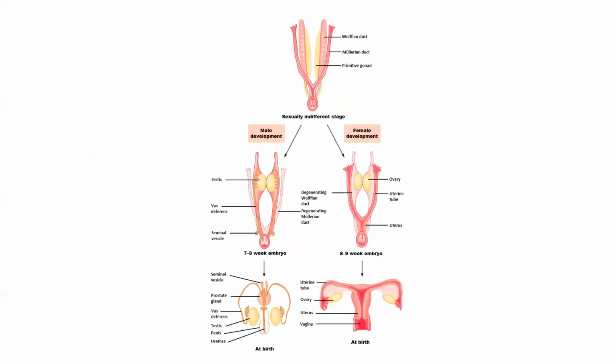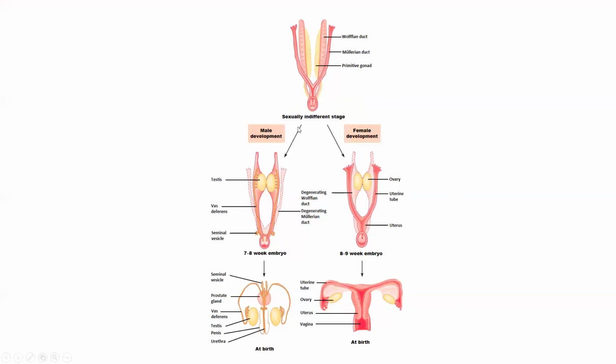Okay. So let's talk about the 2-week process initially. This is that 2-week area of what I call the ambiguous development. We have both the Wolffian duct and the Mullerian duct. We have the primitive gonads. Now the primitive gonads can either become the testes or they can become the ovaries. So here we cannot really tell the sex of this developing embryo.